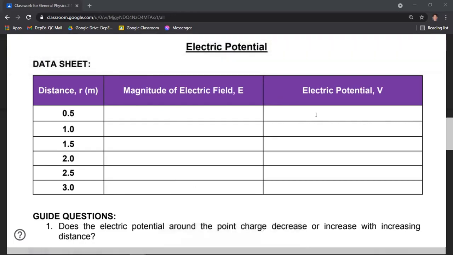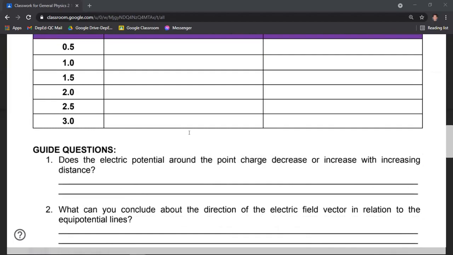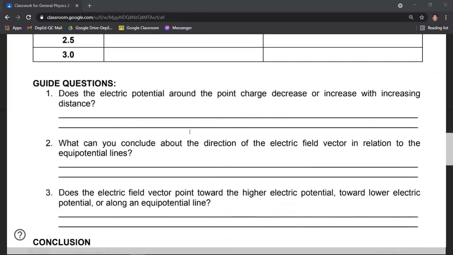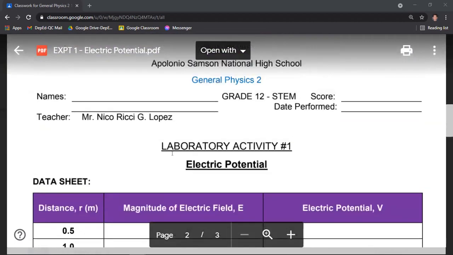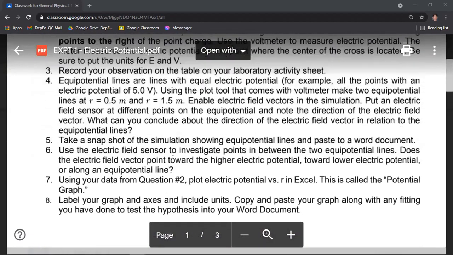We will measure the electric potential so that we are able to calculate the electric field intensity, or the magnitude of the electric field. Then you will answer the guide questions and summarize the relationship of electric field and electric potential as your conclusion.